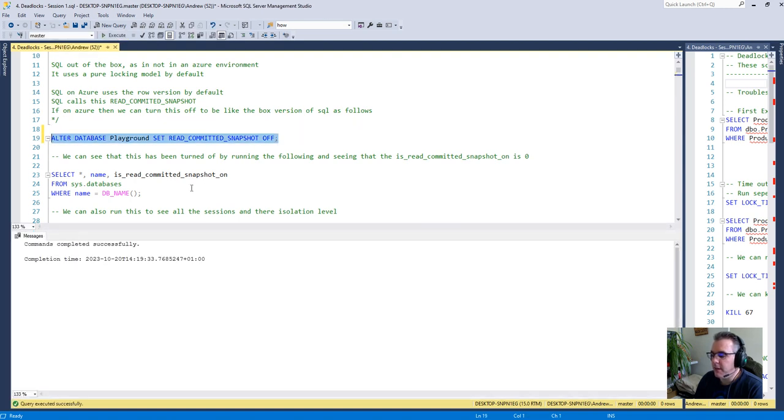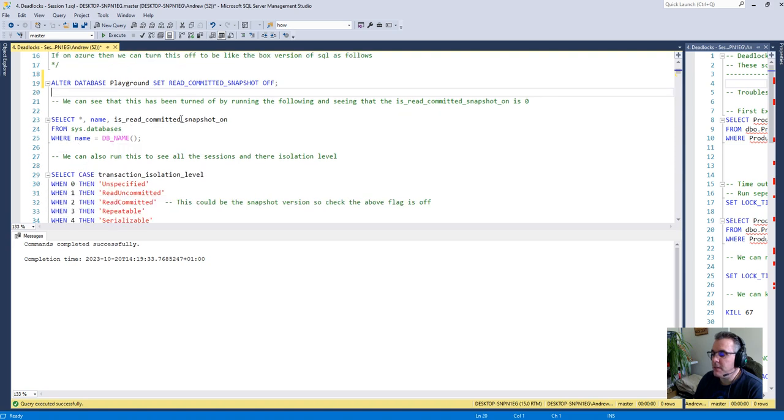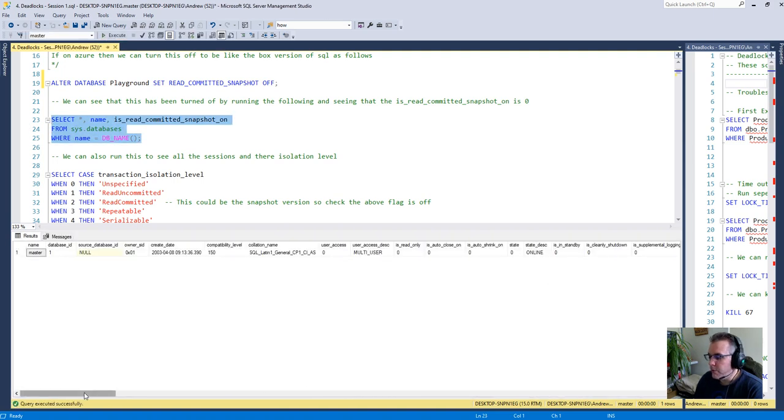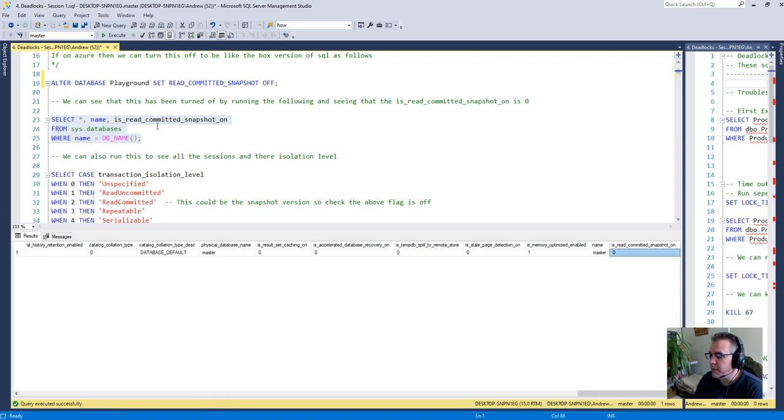So this is just to get the database into a consistent state where we have the default read committed isolation level. We can make sure this is on by running this query. The field we're concerned with is read committed snapshot on, which is all the way to the right here. So it's not on, so we've successfully turned it off.